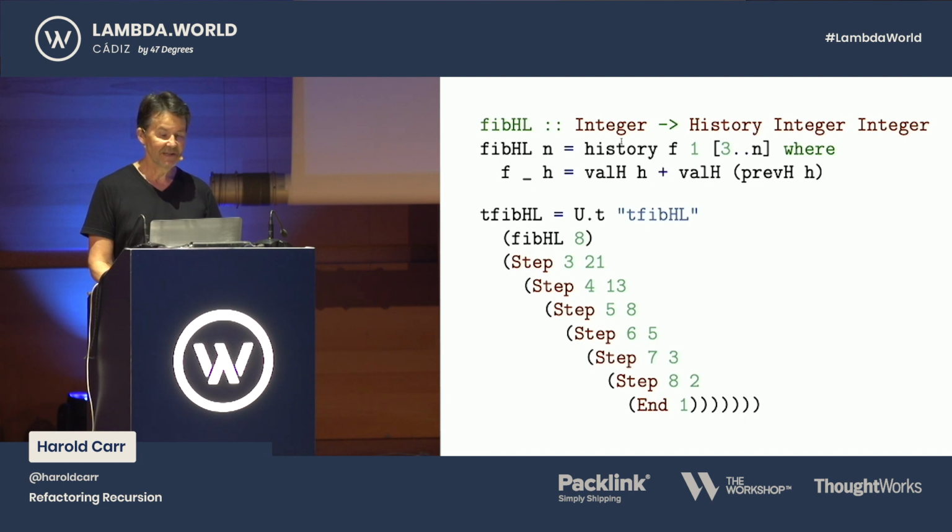So with Fibonacci, the F is just, given a history, add the value of the history to the previous history. And how that looks is, when you run this function, it goes all the way to the end here, and that's the initial value you gave it, 1.